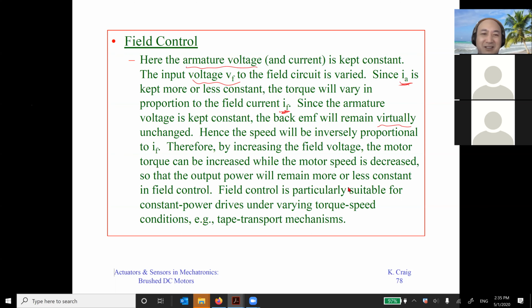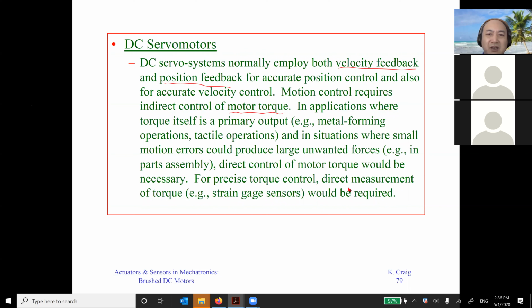Another type is the DC servo system using position feedback and velocity feedback. In motion control, we also have to do torque control.